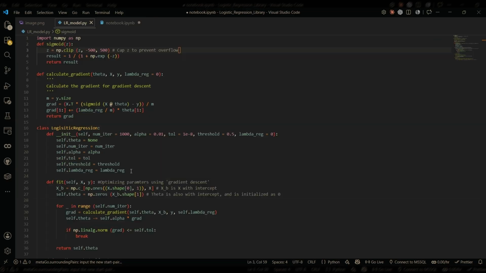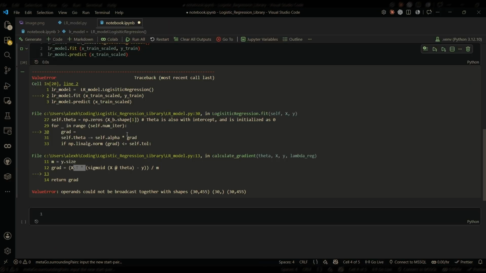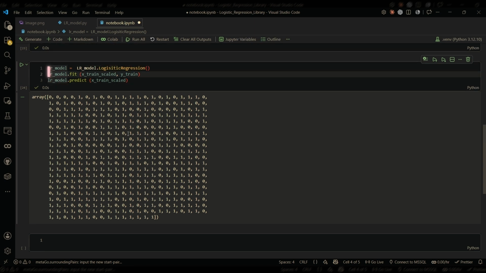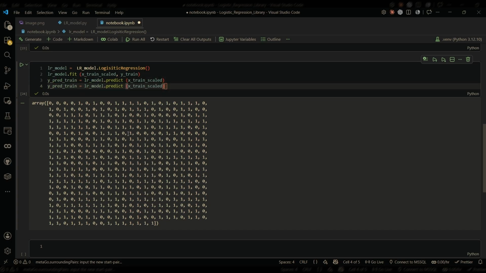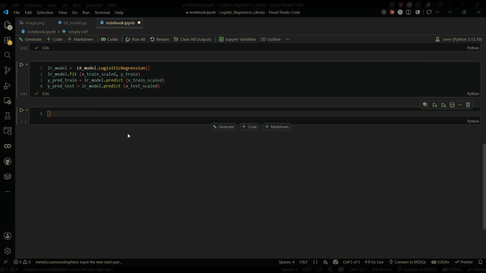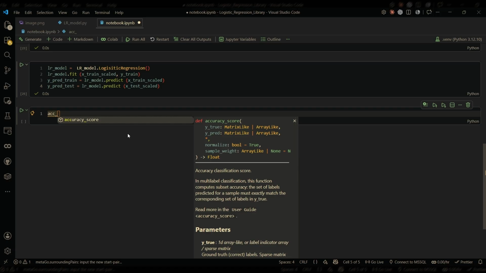Oh, this is matrix multiplication. Okay, it's working. Let's call this predict train. Predict test. And finally, let's test the score.